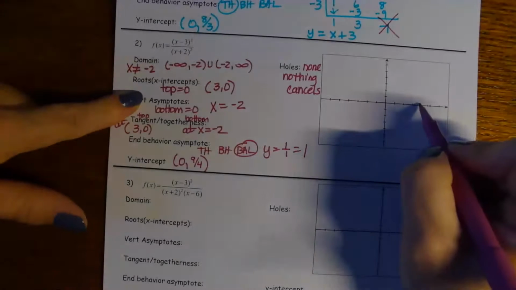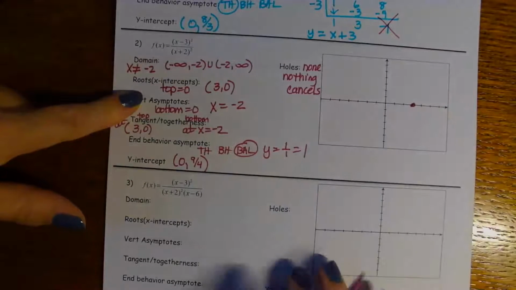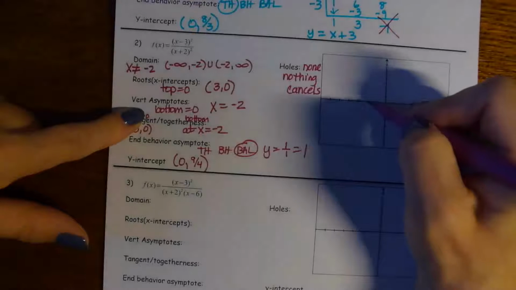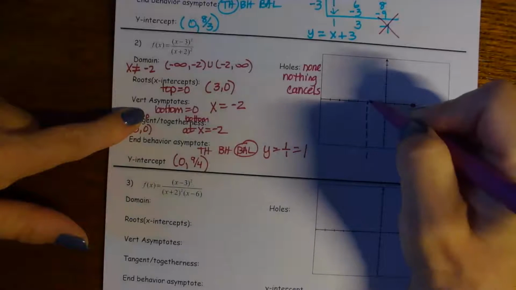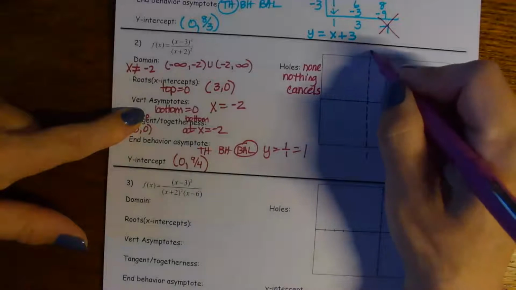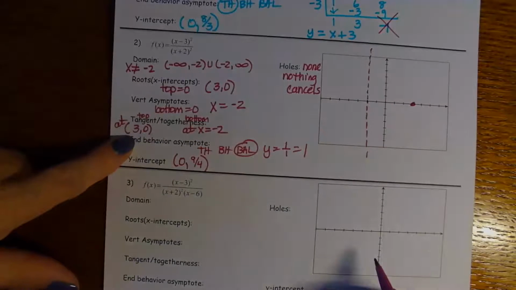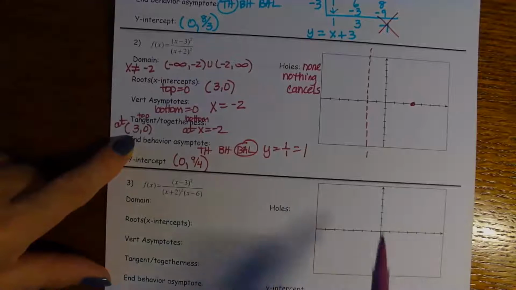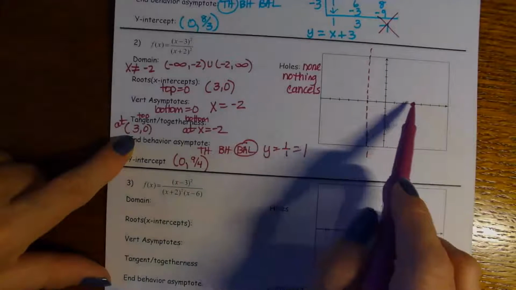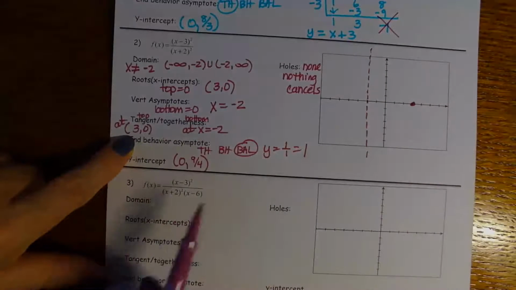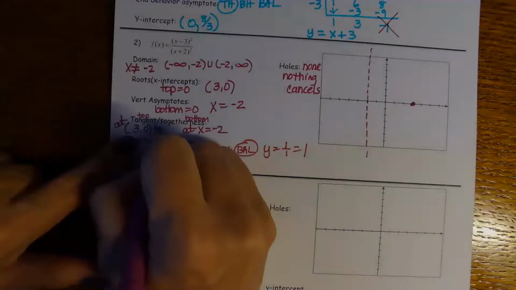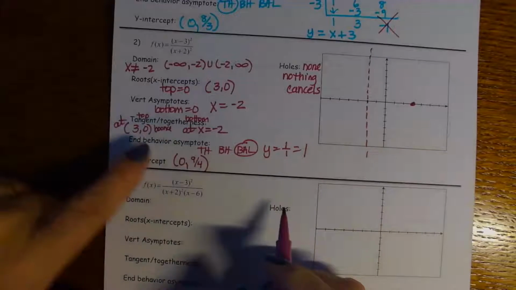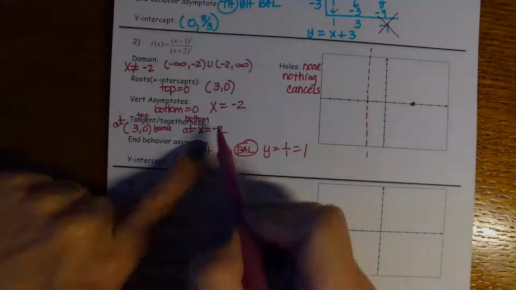The root at 3. Asymptote at -2. Now tangent at 3. What does that tell you about this point? When you touch this, you're going to bounce. You're not going to cross, right? I'm going to write bounce there. Now, x equals -2. They're together.